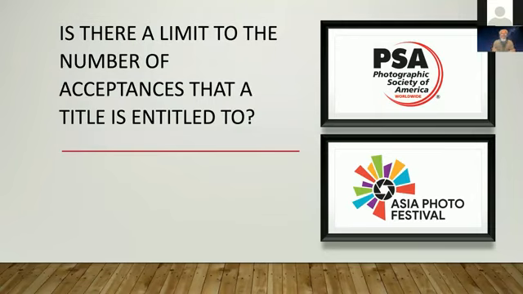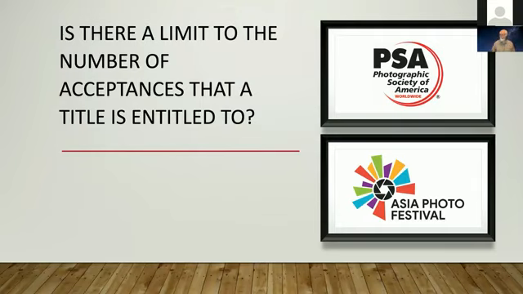So this question now, the limit to the number of acceptances that you can use for each title, it depends on whether you're applying for stars or galaxies or diamonds. So up to star 5, there's no limits. So you could, for example, have one image that was very successful. You might have 30 acceptances for it on a star application. That would be okay.